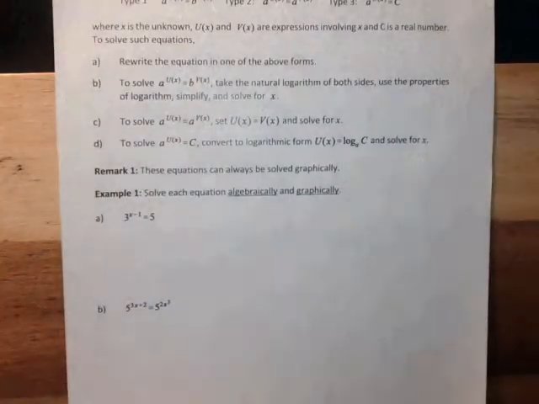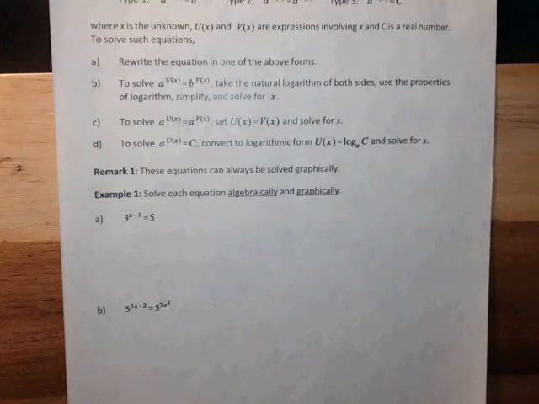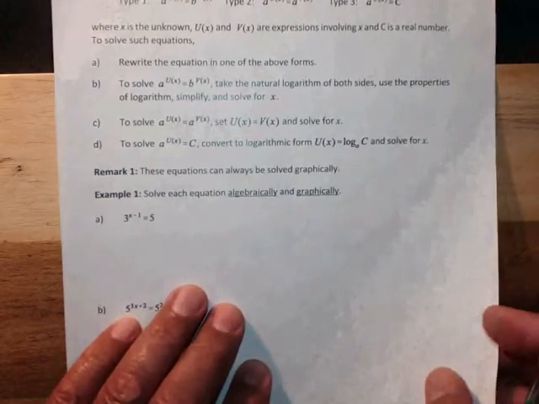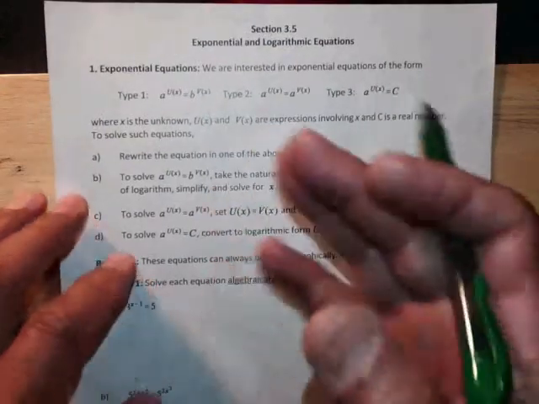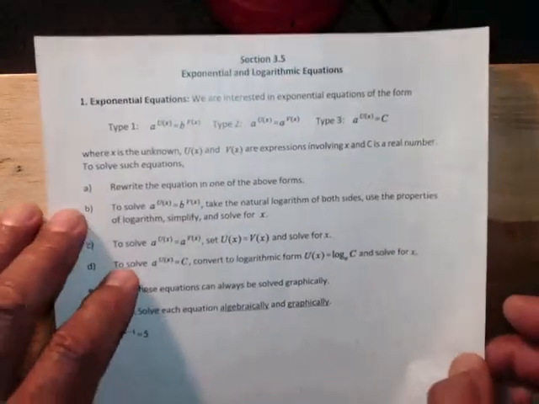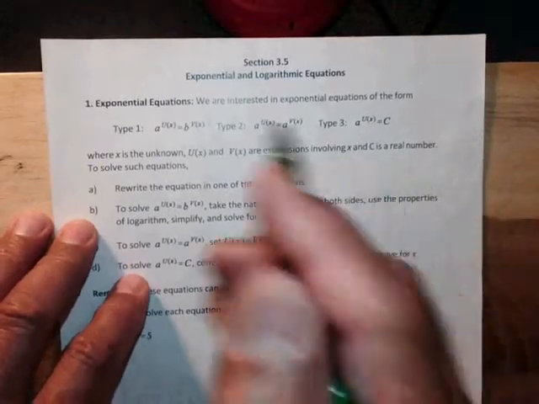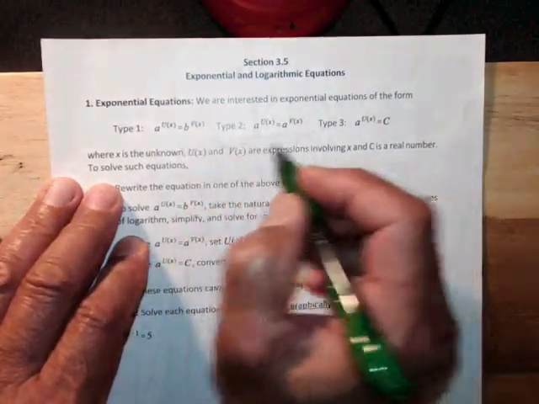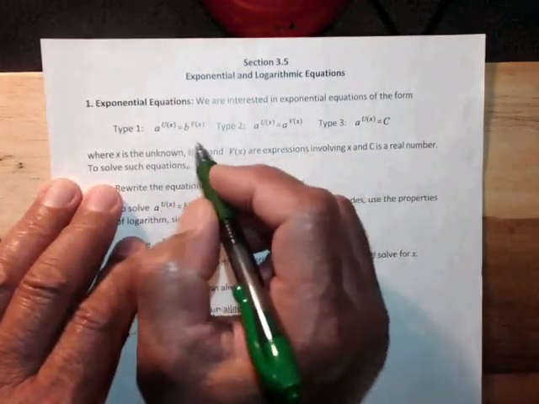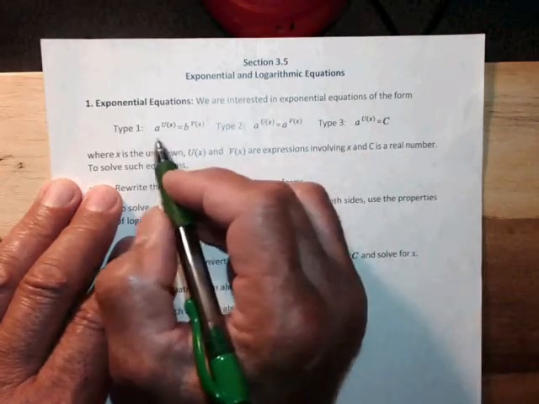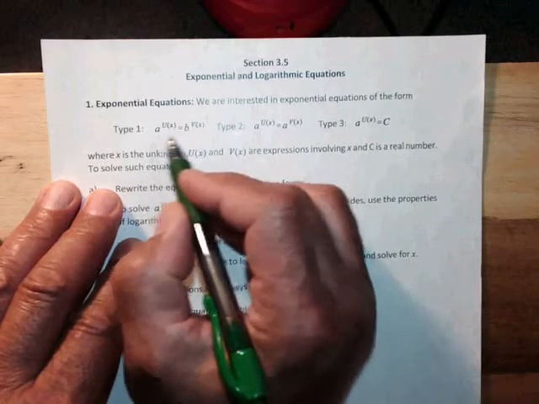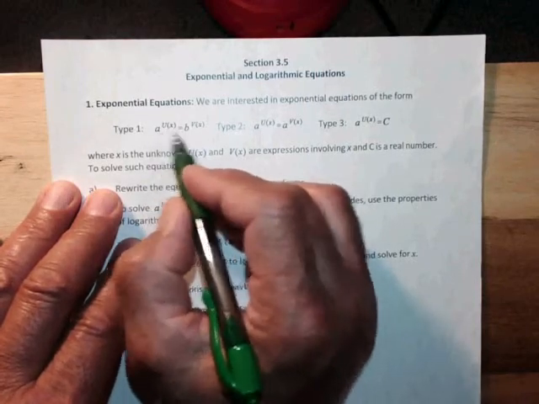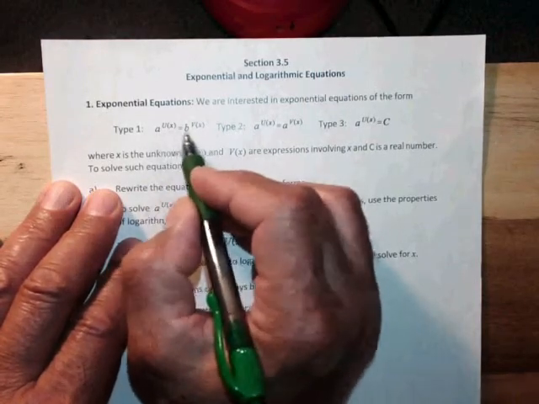Now we're going to look at a more general form, so that the ones we've already seen are a part of this more general situation. Basically we have three different kinds of exponential equations. Type 1 is the one where both sides have different bases.